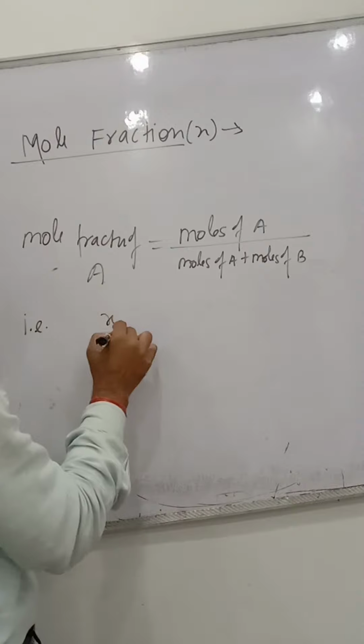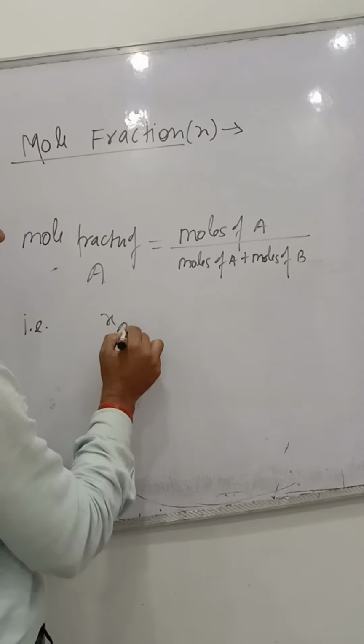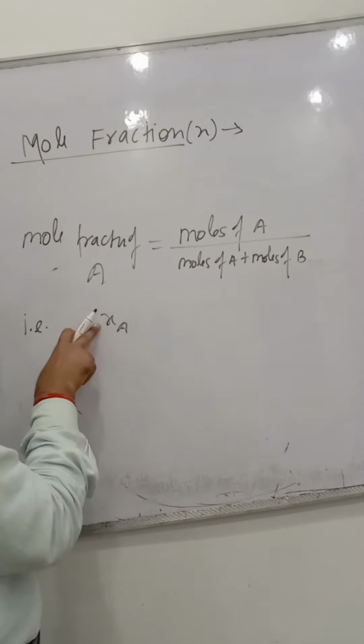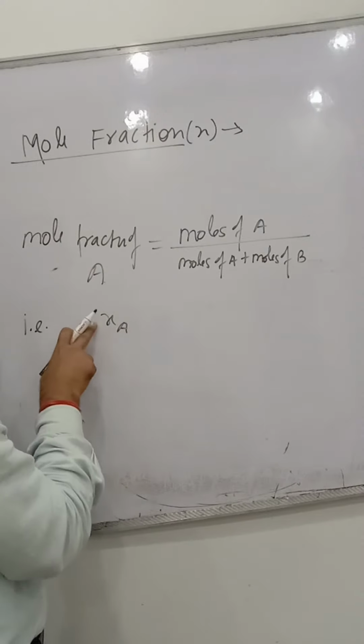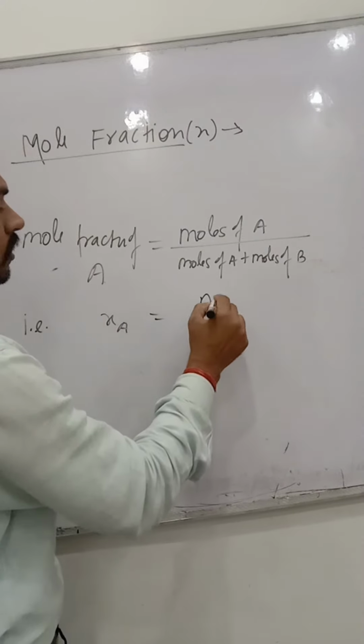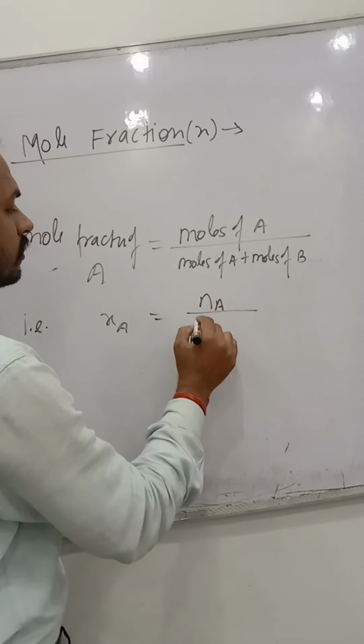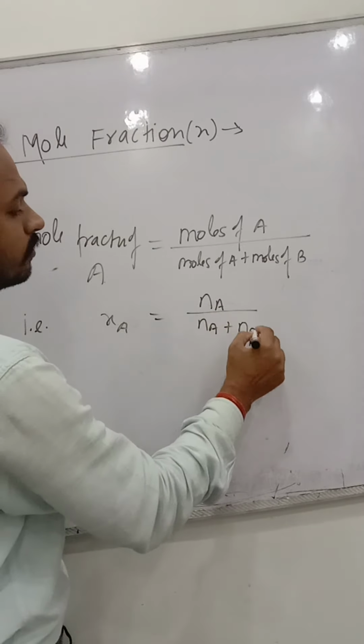The mole fraction is represented by small x, and A is the component. Mole fraction of component A equals the moles of A upon moles of A plus moles of B.